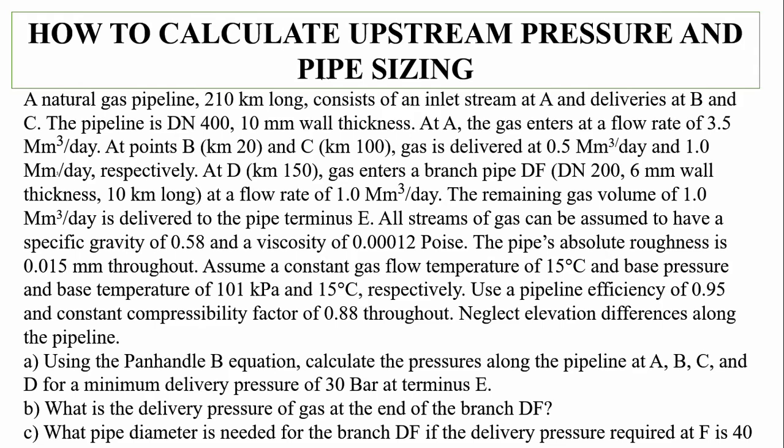Now let's see, at D, which is 150 kilometers, gas enters a branch pipe DF.